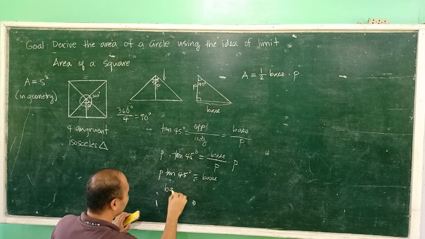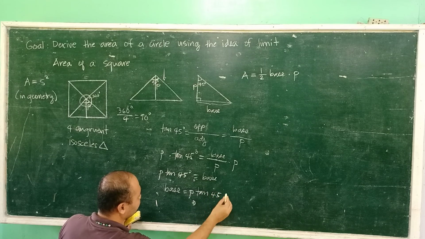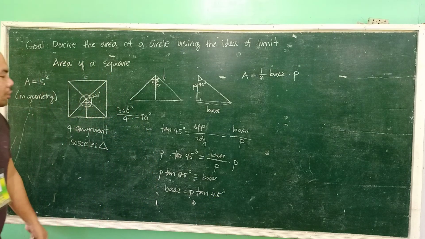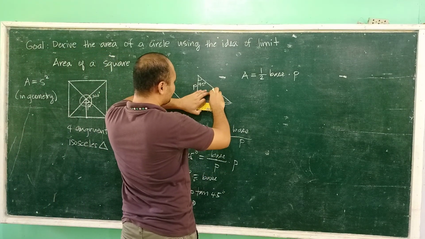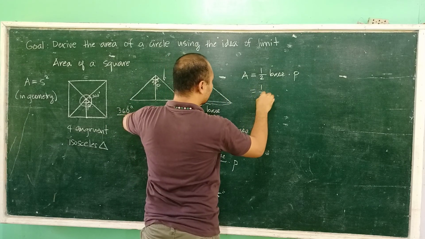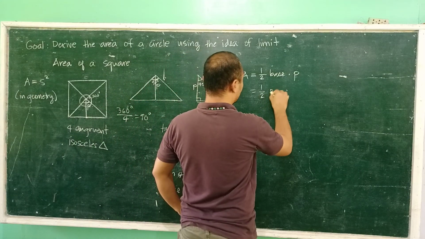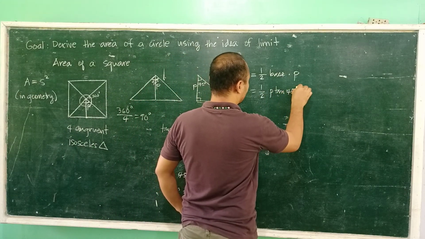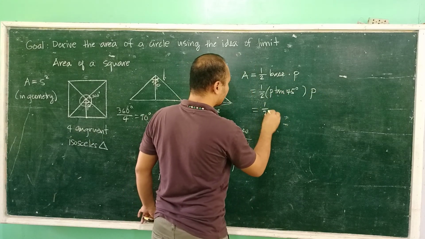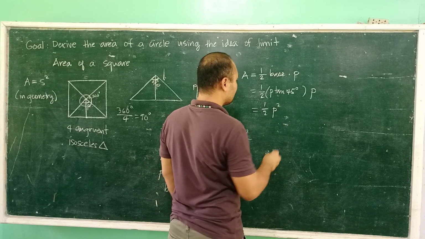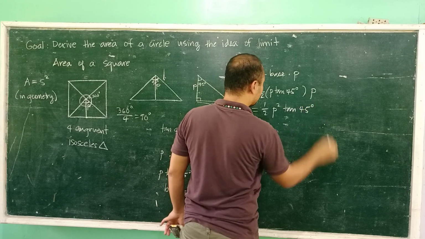So the area of this isosceles right triangle is 1/2 times the base, P tangent 45, times P. So we have 1/2 P squared tangent 45 degrees.